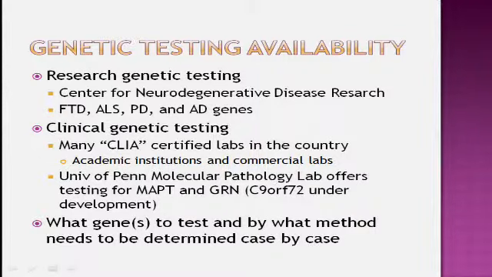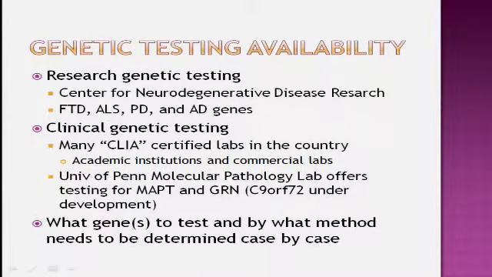Clinical genetic testing is available at what are called CLIA, Clinical Laboratory Improvement Amendments, certified labs, and these are generally available at academic institutions as well as commercial labs such as Athena. I direct a clinical diagnostic lab in addition to the research we do, and my lab is called the Molecular Pathology Lab, at the Hospital of the University of Pennsylvania.